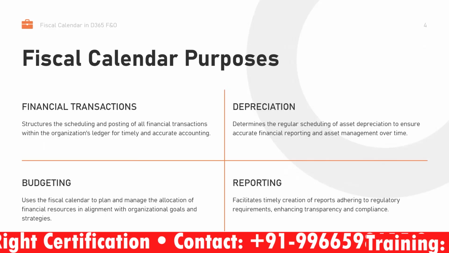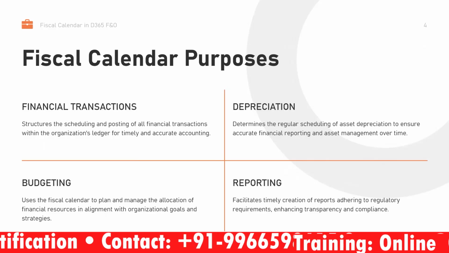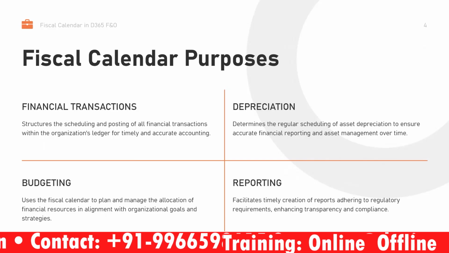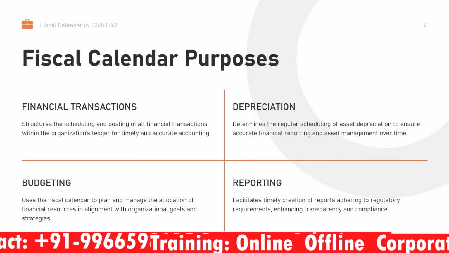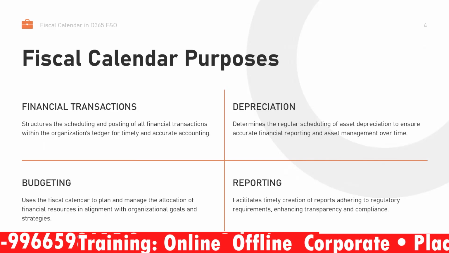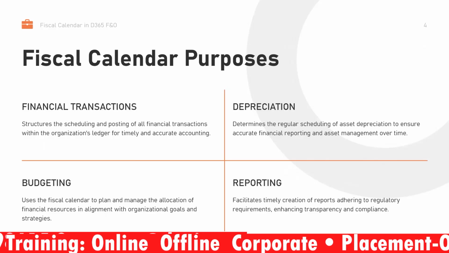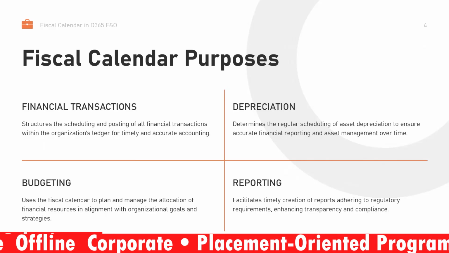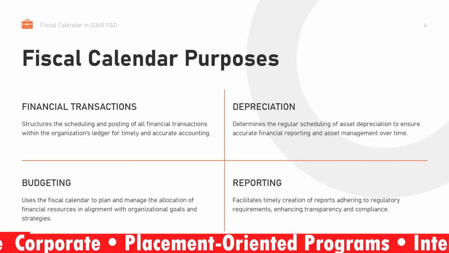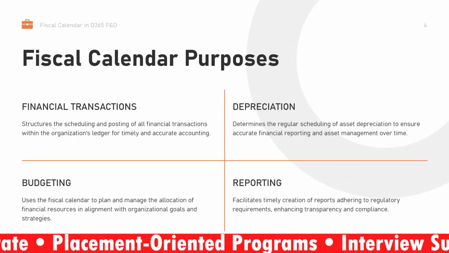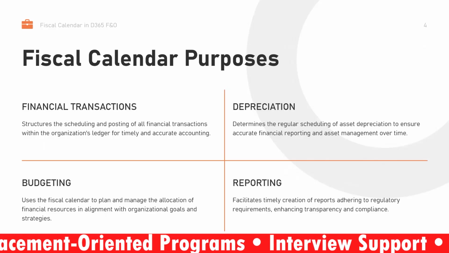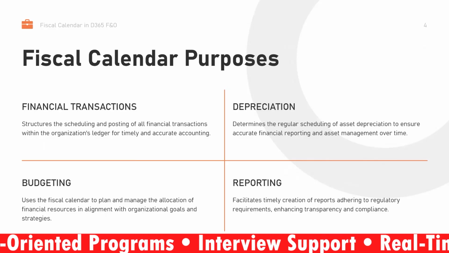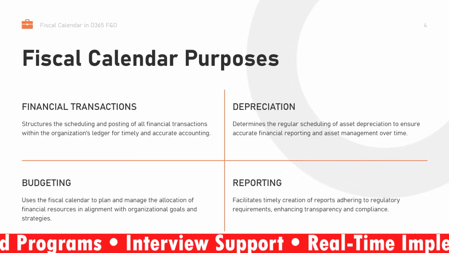Those assets are used day to day and will be depreciated. It will be scheduled, and for that also we use the fiscal calendar. For budgeting, a control is required to plan and manage allocations of financial funds in alignment with organization goals and strategies. For that, the fiscal calendar is required.